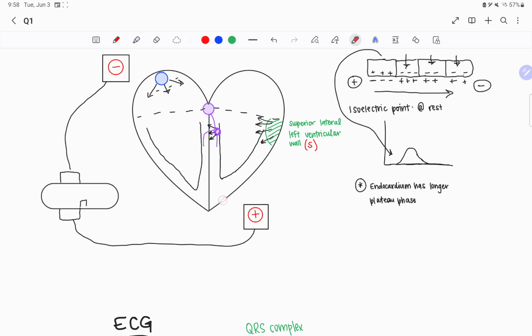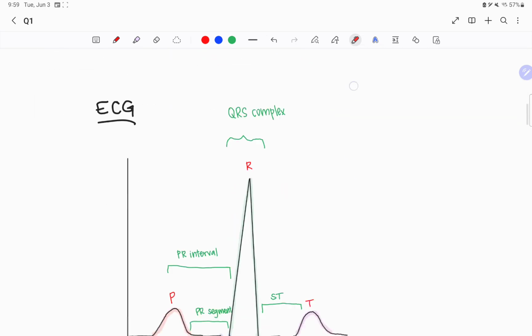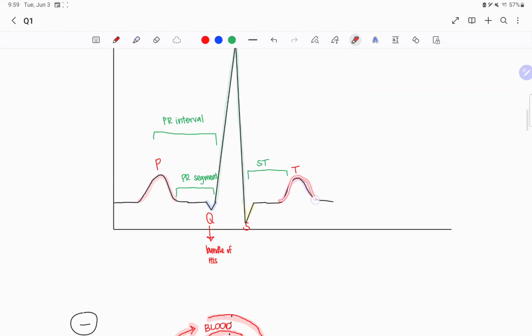So we go from epicardium to endocardium. So then we're doing positive, because repolarization would mean that the positives are now coming back to the outside of the cell, and we're going back in this direction. Okay, back towards the negative. So we have a positive tail to a negative sensor. So it's an upward curve, right? And that's what we see here with this T wave I've drawn.